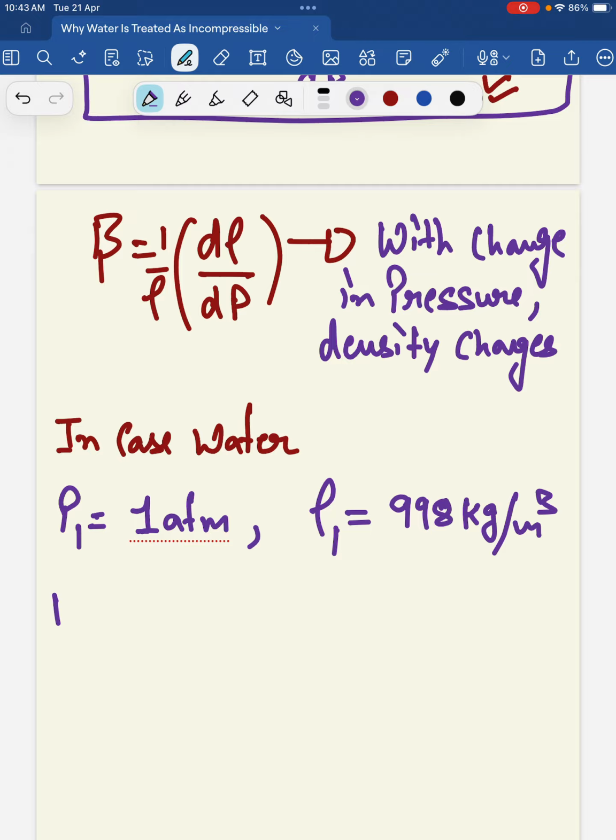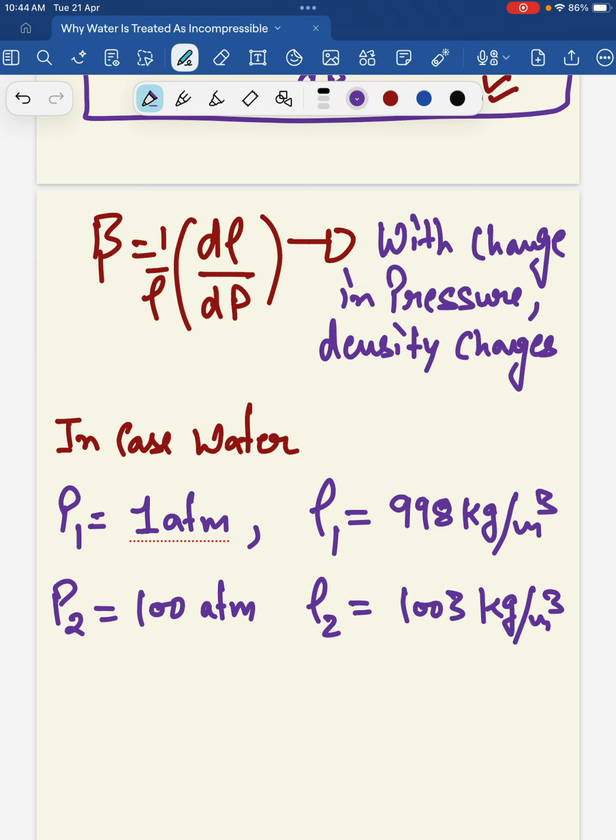When we increase the pressure to P2, that is 100 atm, the density is increased to 1003 kg per meter cube. So you can say with change in pressure there is a slight increase in density. We have increased the pressure up to 100 times, but the change in density is not significant.